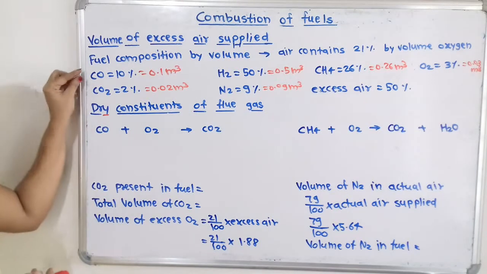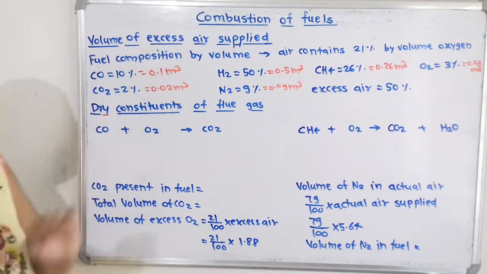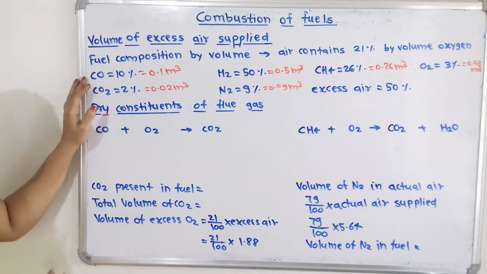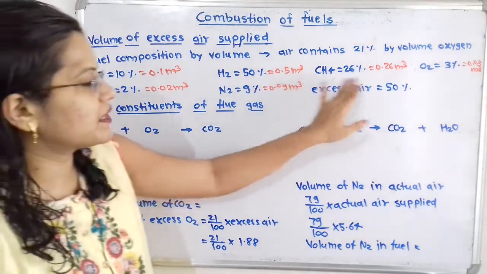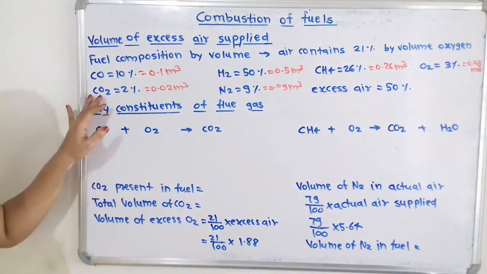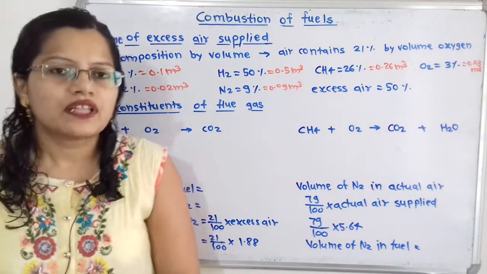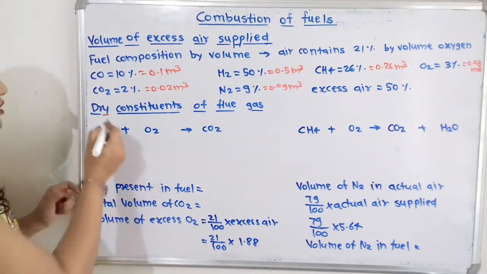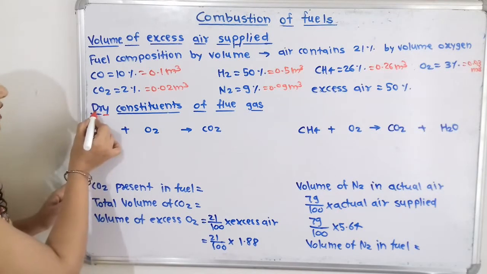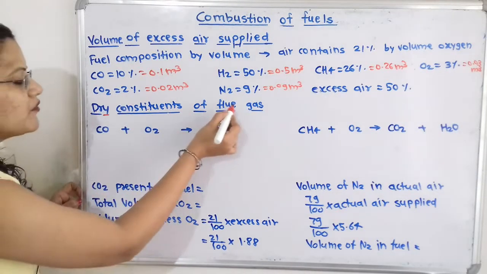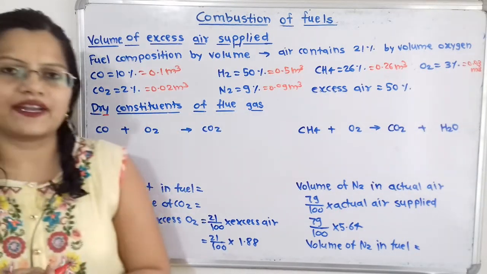Now if we observe the elements from the fuel, carbon monoxide is there, hydrogen, methane, then oxygen is present, carbon dioxide and nitrogen. Now if we observe the question, the word dry is important. That is the dry constituents of the flue gas that we have to find out.